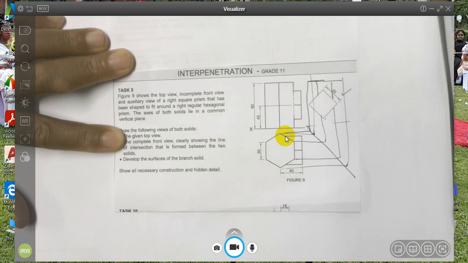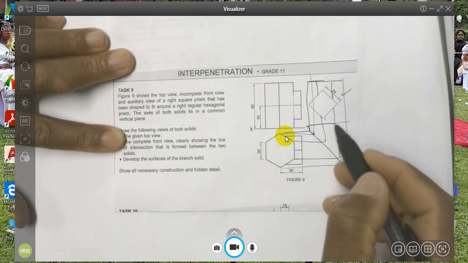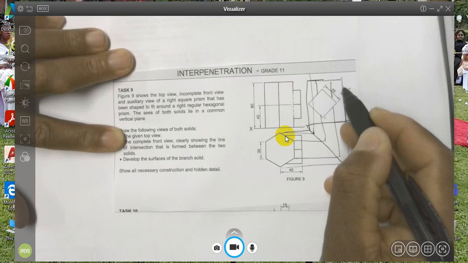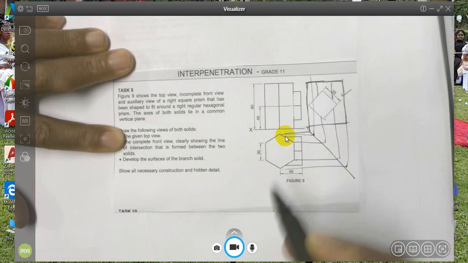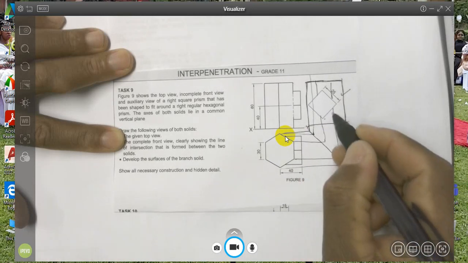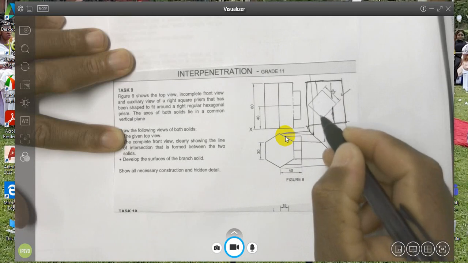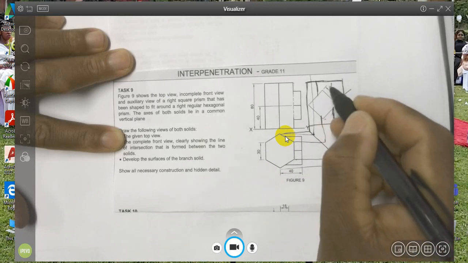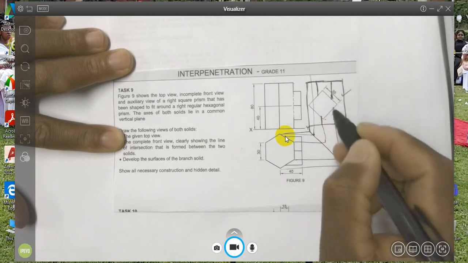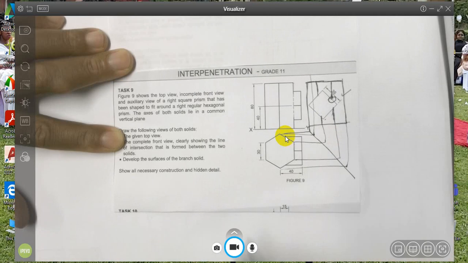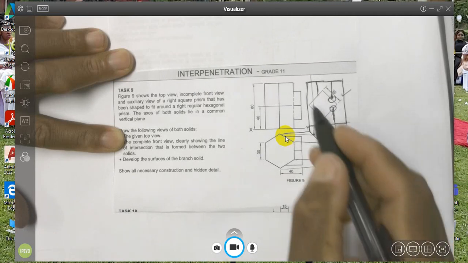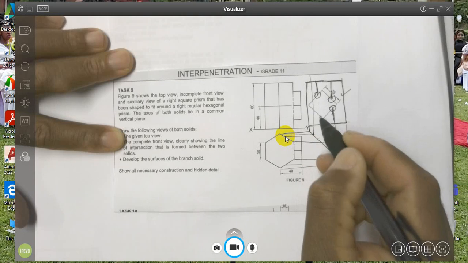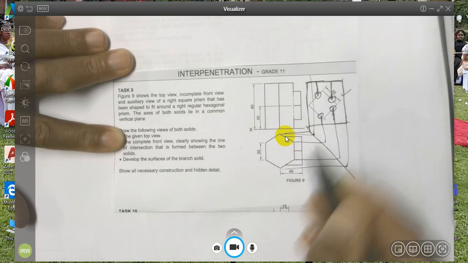So now that we know this view here, that we need, but they'll never tell you to draw this view. They don't tell you to do that. But you're looking for the turning points when you draw this view. You are looking for the turning points, which are that one, that will be your other turning point, that will be your other turning point, and there's your other turning point.